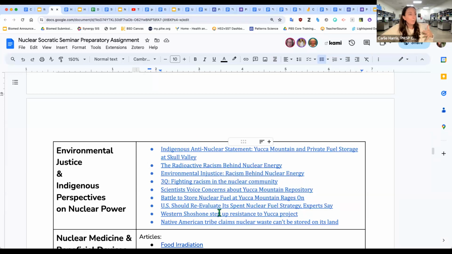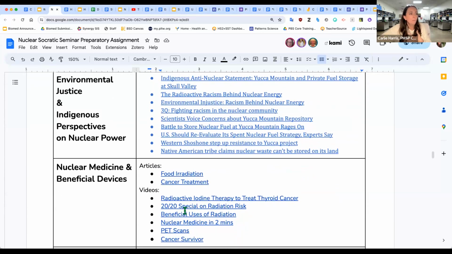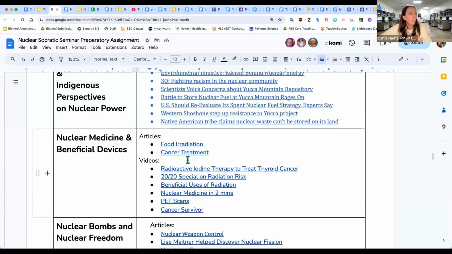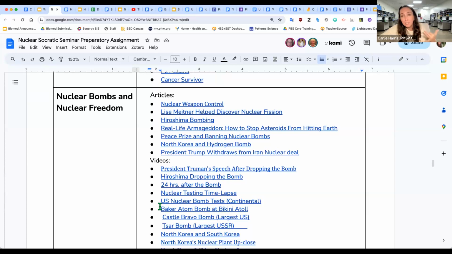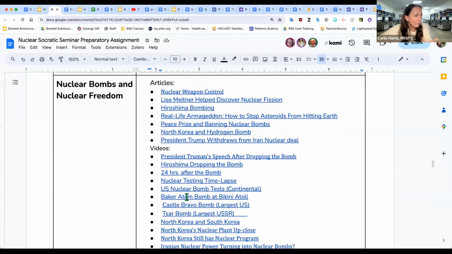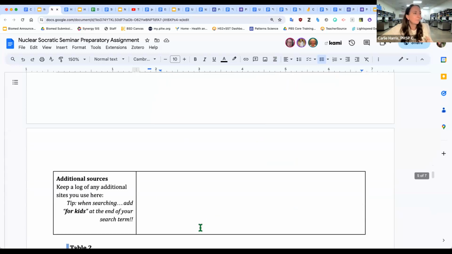A lot of my students pick these, right? They're really great about social justice and environmental justice. So I love that. I encourage them to do that if that feels right for them. There's nuclear medicine, nuclear bombs, a lot of stuff about history. If you have students that love history, they can pick some of these resources. There's a lot to choose from here.